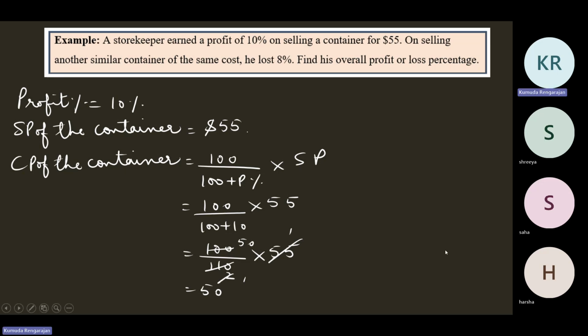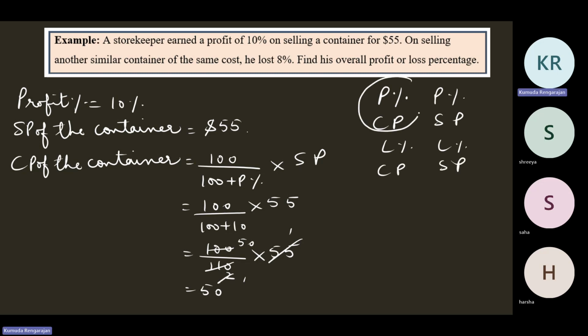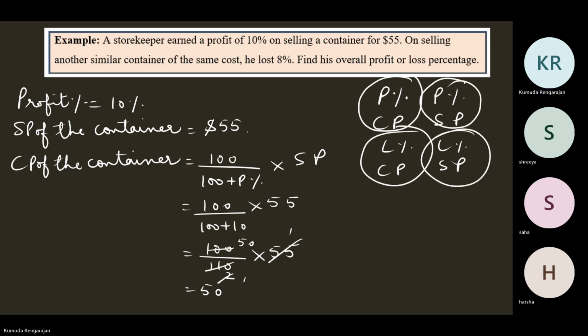See, whenever you have profit percent, CP, profit percent, SP, loss percent, CP, loss percent, SP, say if you have any of these.